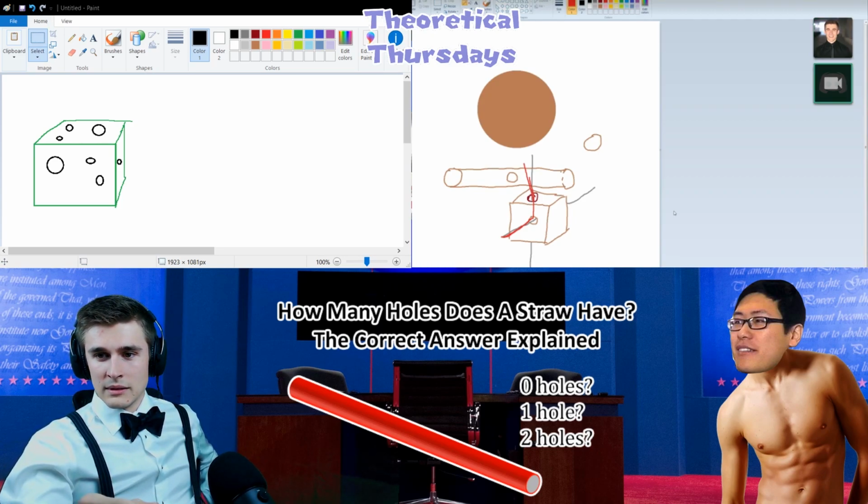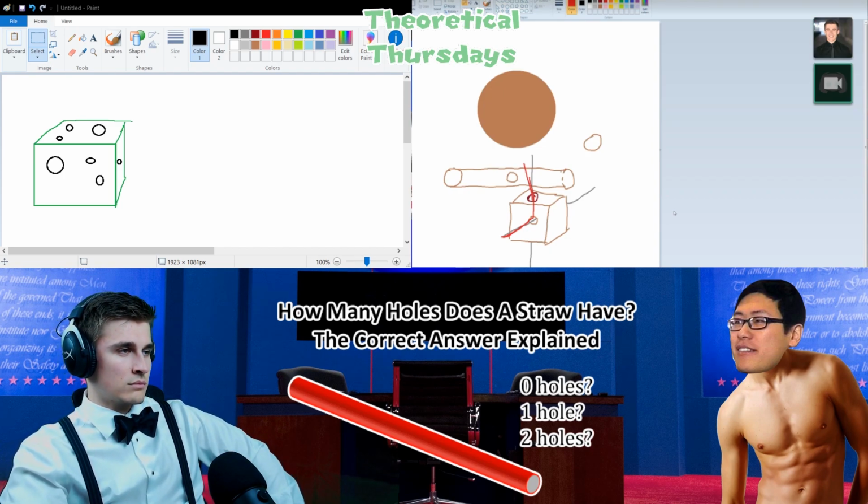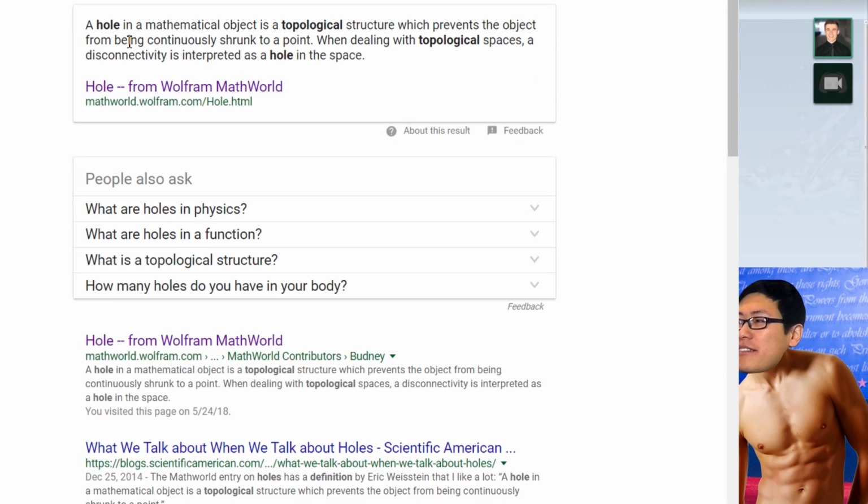But even with the 2D, if we just use the definition of a hole from topology, the 2D circle is still a hole. A hole is a topological structure which prevents the object from being continuously shrunk to a point. I read this before, and I don't understand it at all.